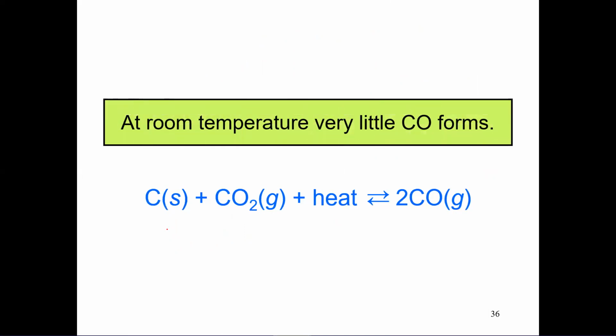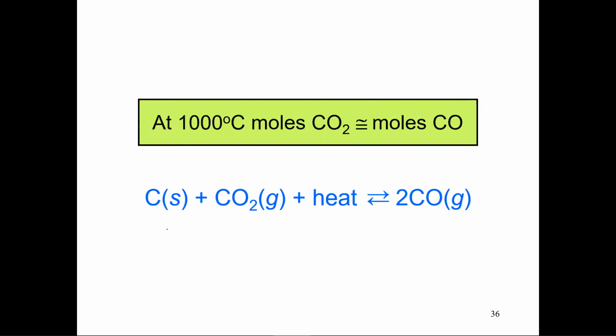At room temperature, very little carbon monoxide forms when you have the combination of both in the presence of heat. But at 1,000 degrees Celsius, the moles of carbon dioxide will approximately equal the moles of carbon monoxide.